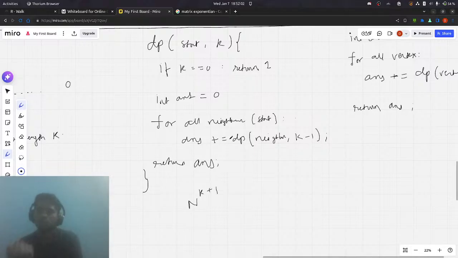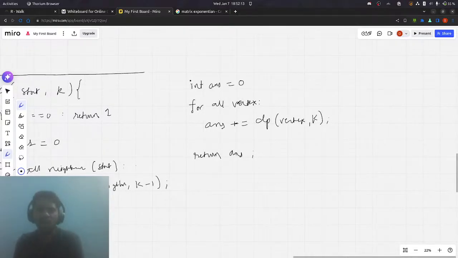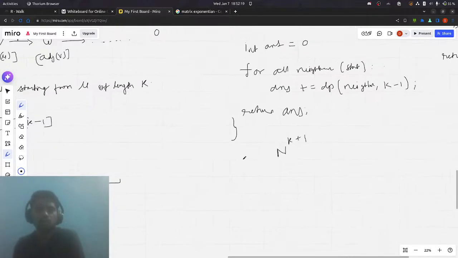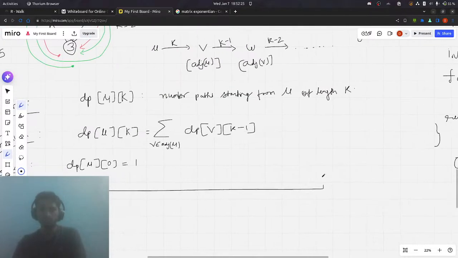So n into n into n, up till k times, so n to the power k from this recursion itself, and we are doing n iterations here, so n into n to the power k, so basically n to the power k plus 1. So this is not feasible.